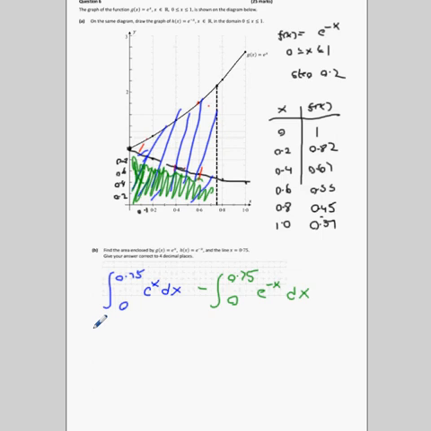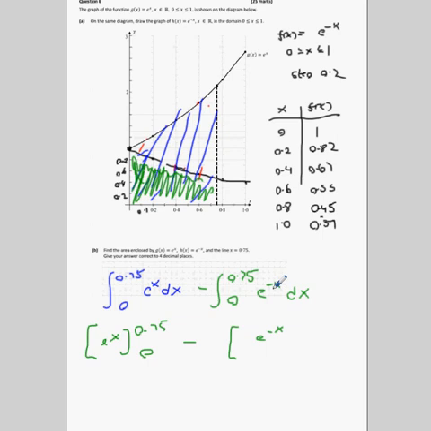The integral of e to the x is simply e to the x, from 0.75 to 0. The integral of e to the minus x is going to be e to the minus x, from 0.75 to 0.